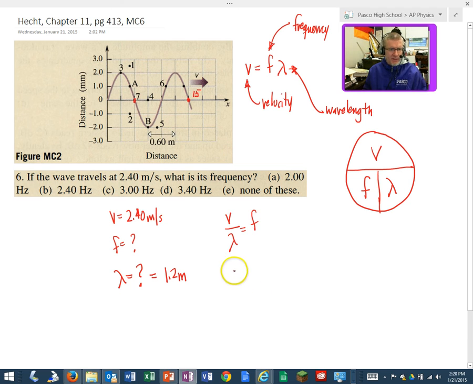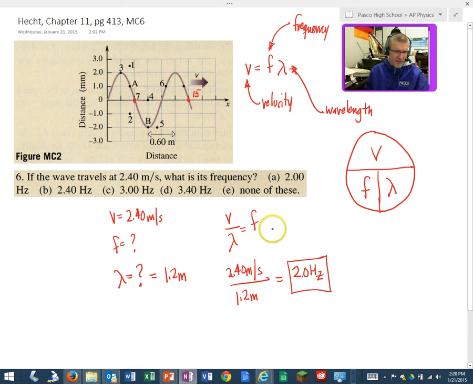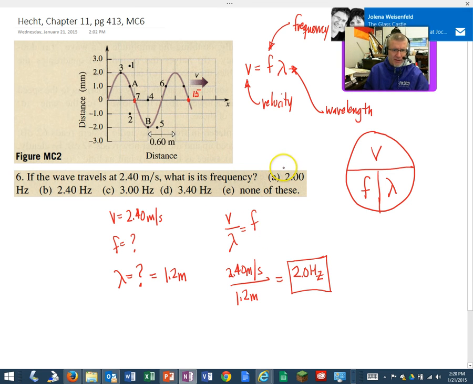That means that velocity divided by wavelength is 2.4 meters per second divided by 1.2 meters. I think that's an even 2.0 hertz. So our frequency is 2.0 hertz. That means 2.0 cycles per second. And so the answer is A.